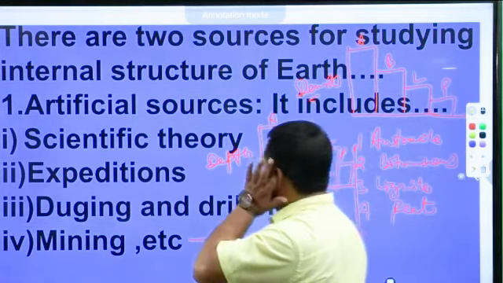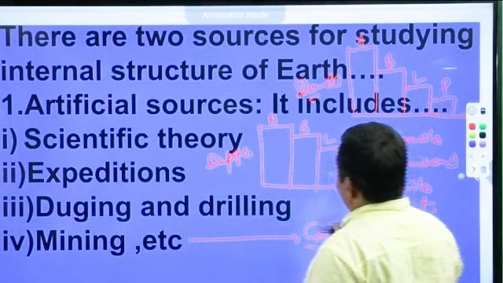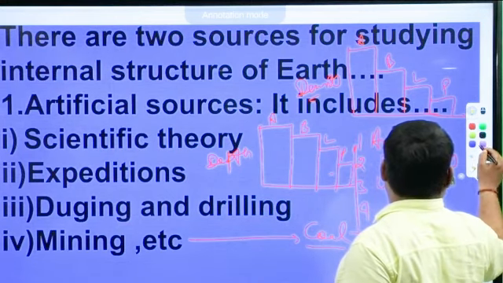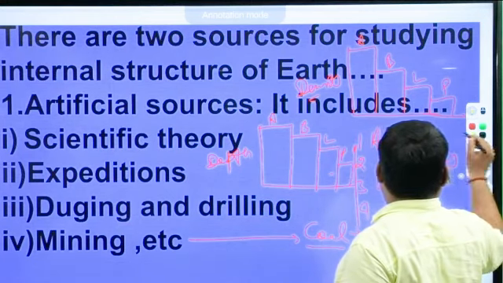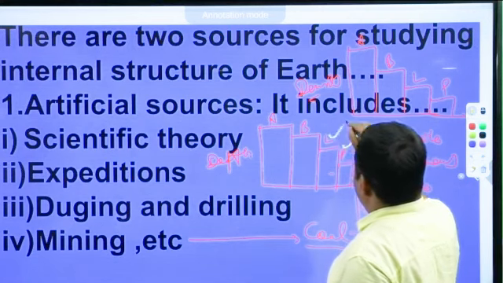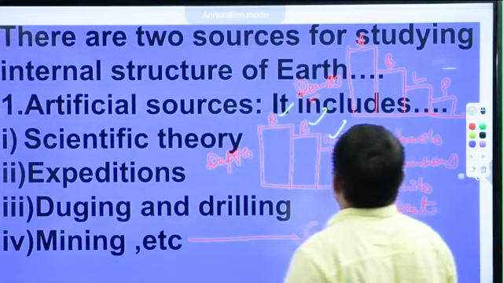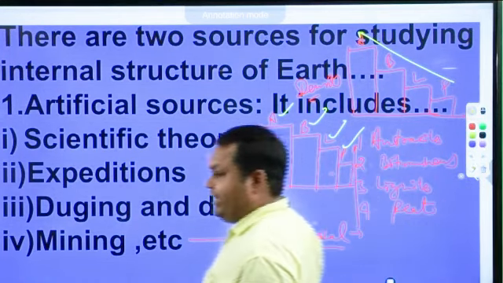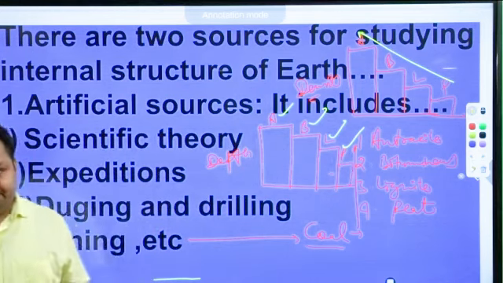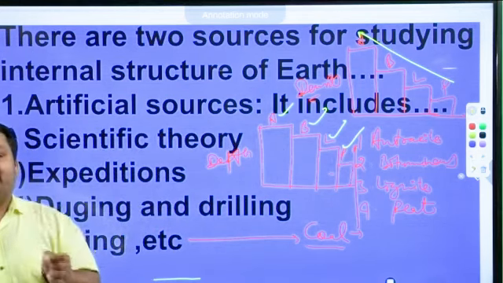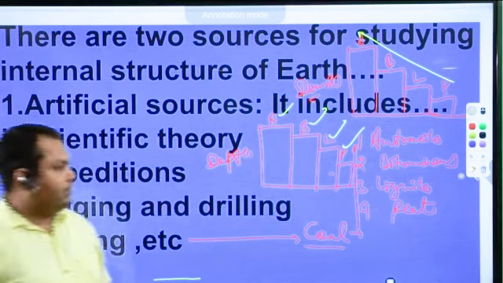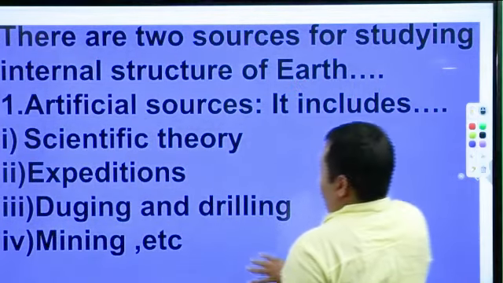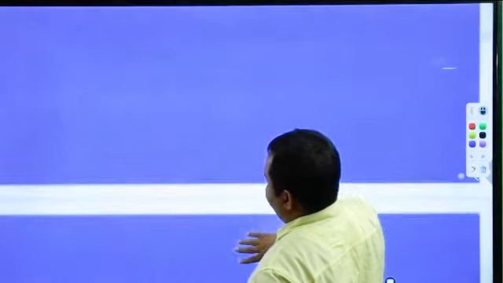In such circumstances, we can say that depth increases from peat towards lignite, bituminous, and anthracite, and the density also increases. So through mining of coal, we can say that the density of the material increases from the surface towards the center.